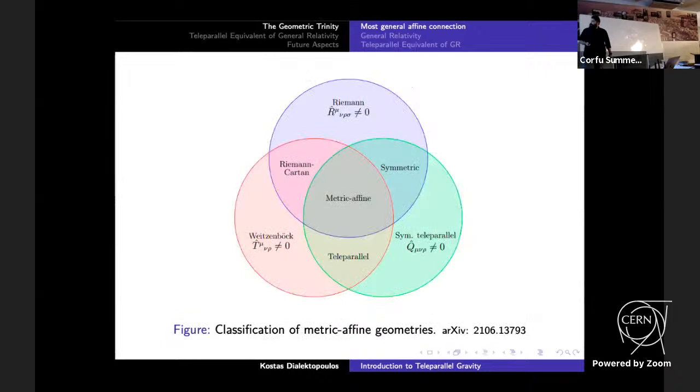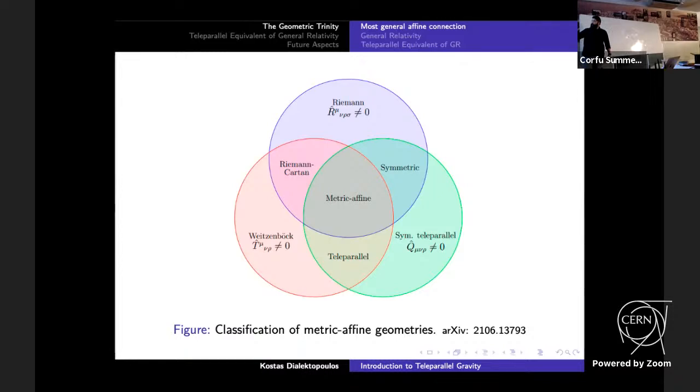Here you can see in a very nice plot all these theories. The most general one, as I showed, including all of the properties of the connection, both curvature, torsion and non-metricity, is the metric affine theory, of course. And if you take specific properties of the connection to vanish, you end up with the three different representations.